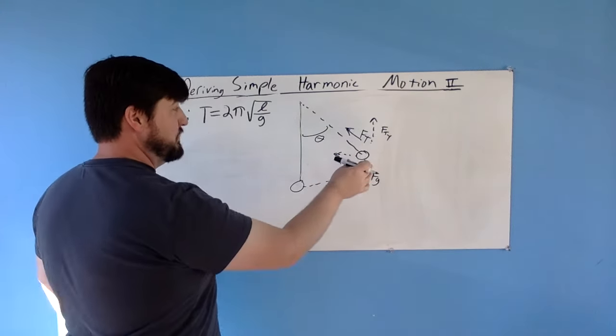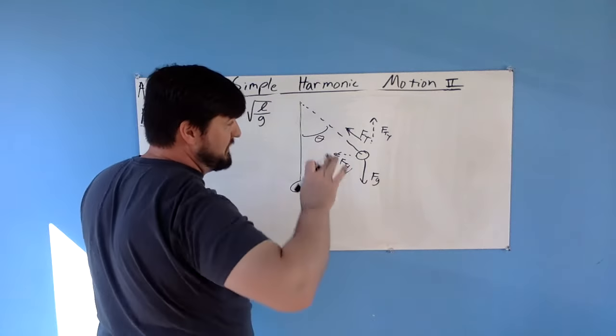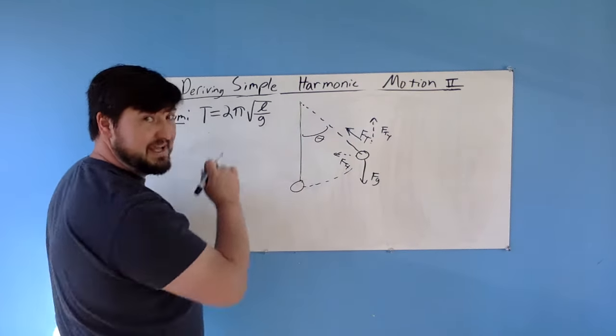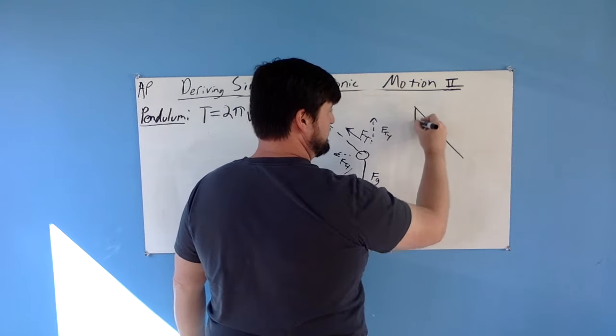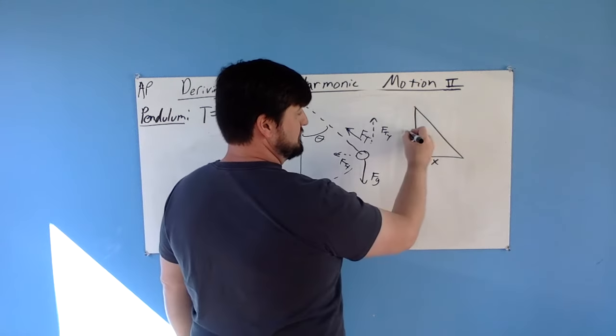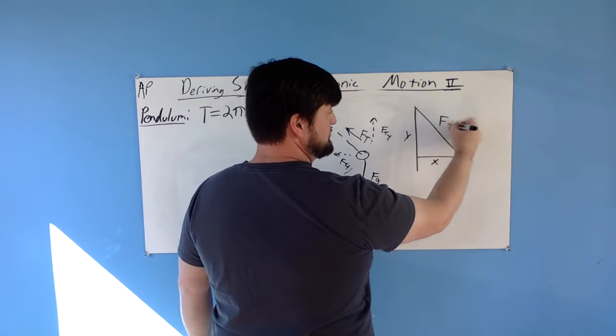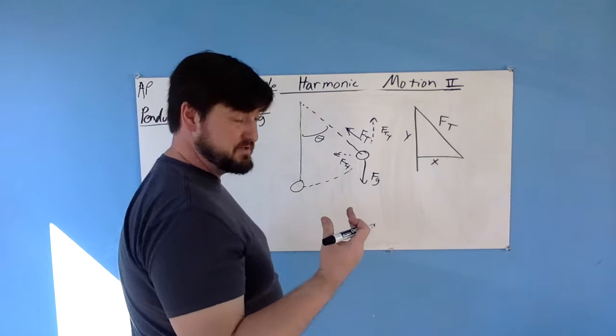So on this, if we look at this, first off, for this piece, let's talk about the force of tension in the y direction and the force of tension in the x direction, okay? So for this, you have a triangle like so. If you want the x piece or the y piece, here's our force of tension over here. Well, we got to go back to our trigonometry, right?